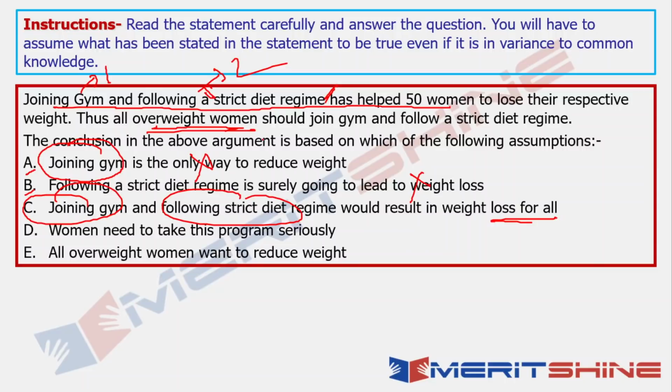So when I say that all overweight women should join a gym and follow a strict diet regime, the assumption that joining a gym and following a strict diet regime would result in weight loss for all is not necessary for the author. You couldn't understand this because both of these things are there. Earlier we eliminated A and B because one did not have following a strict diet and the other did not have joining a gym. So here we have both of them.